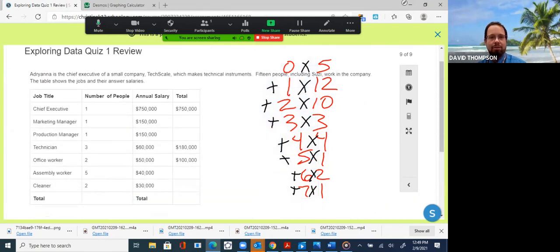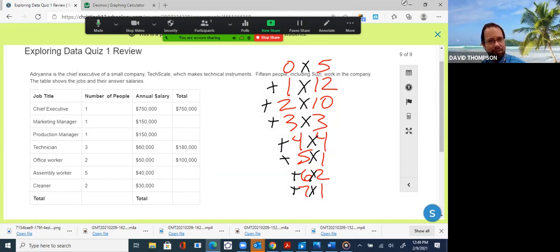And our last question. So Adriana is a chief executive of a small company, Textile, which makes technical instruments. 15 people, including Susie, work in the company. The company shares the jobs and their salaries. So the chief executive makes $750,000. The marketing manager makes $150,000, same as a production manager.